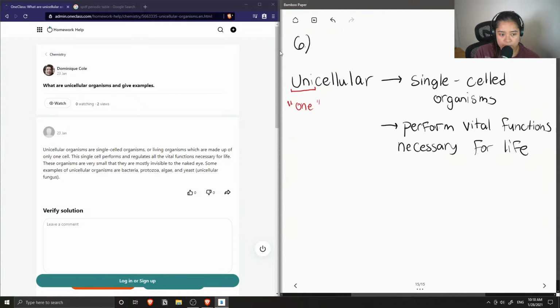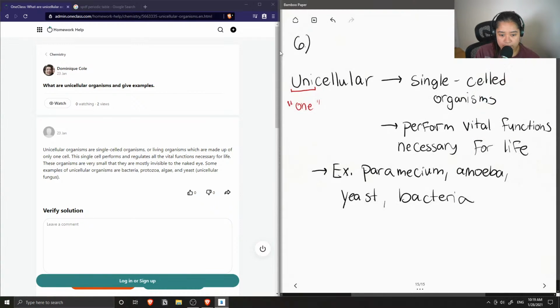There's a lot of different examples of unicellular organisms. So I'll just list a few. You can have like a paramecium or amoeba, even yeast, or bacteria. Just to name a few.